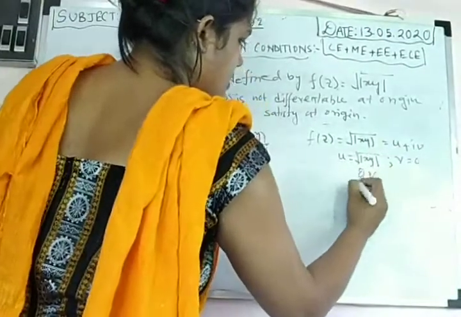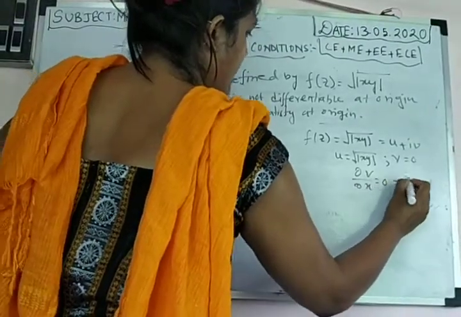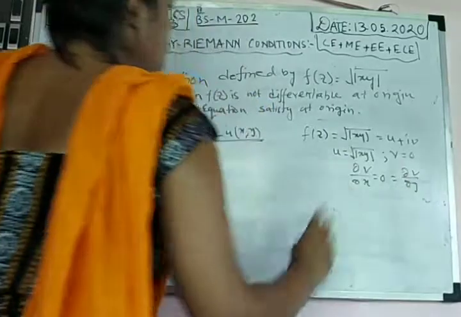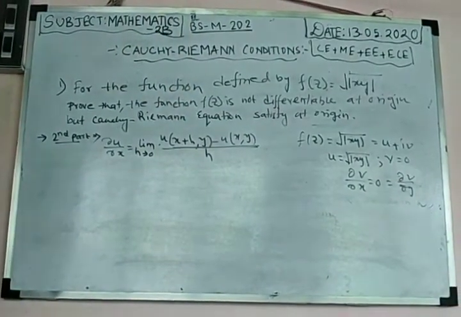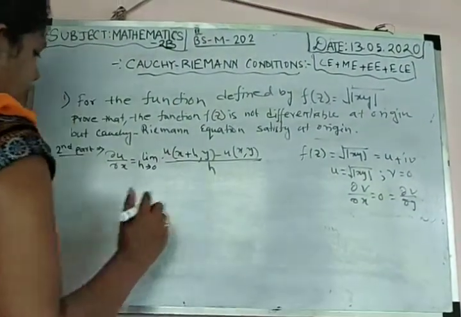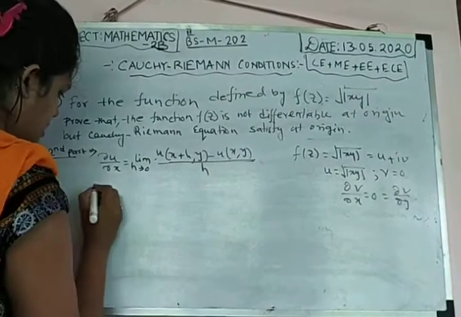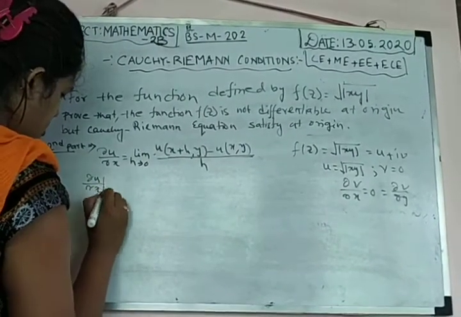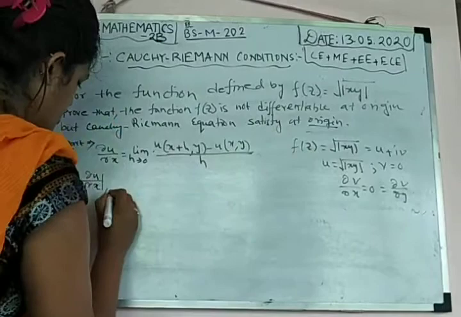If v equals 0, then obviously del v del x is 0 and del v del y is also 0, because our function is 0. So now I have to find out del u del x at the origin (0, 0).